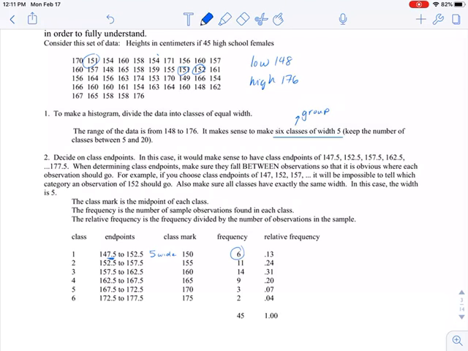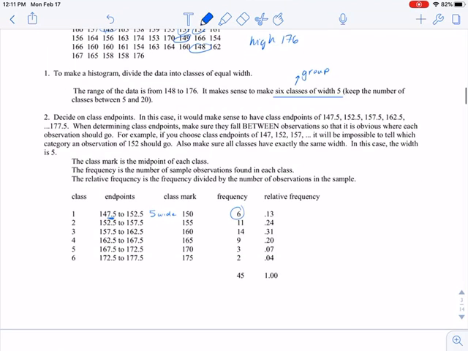Maybe you're finding them faster than I am. Oh, there's one. Oh, there's one. There's one. Okay, so there are my 6 numbers that are between 147.5 and 152.5.